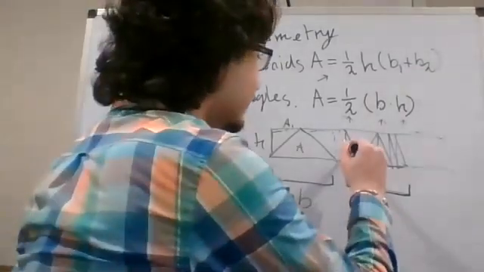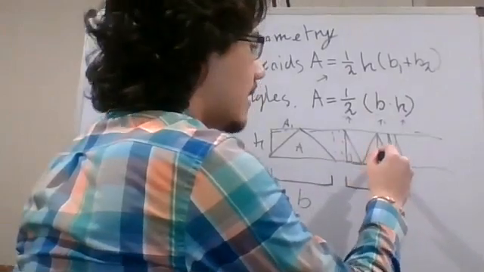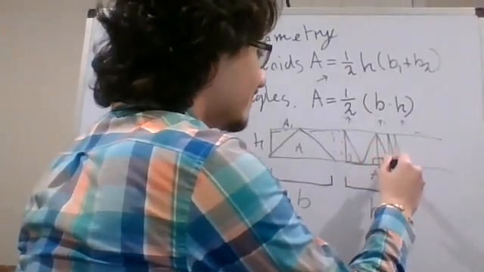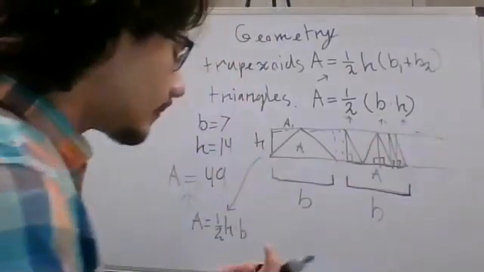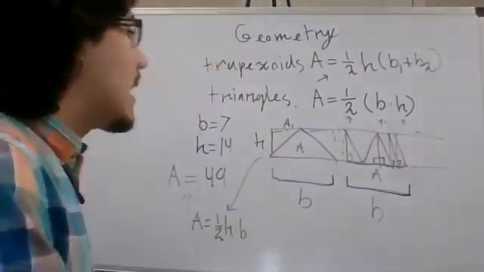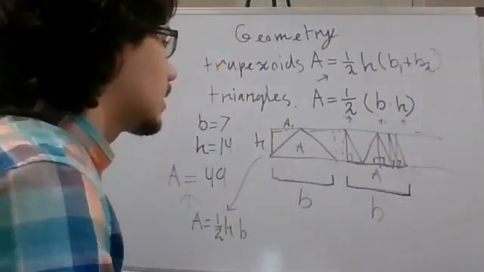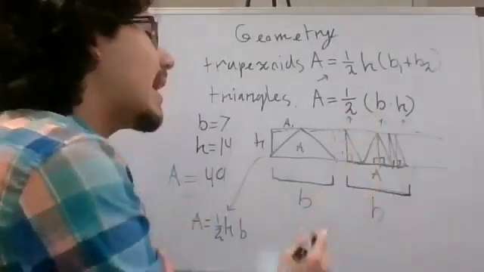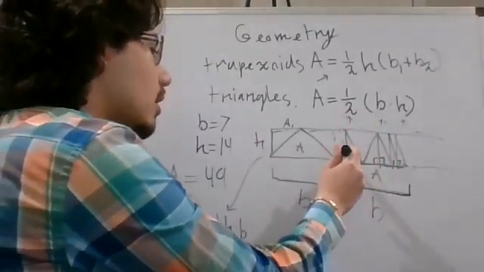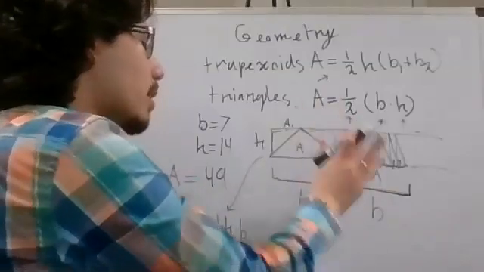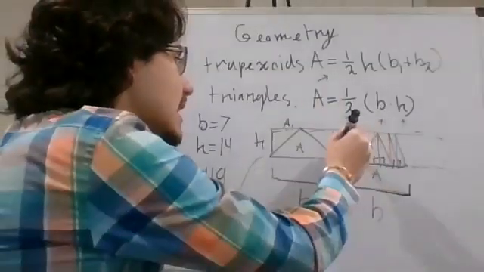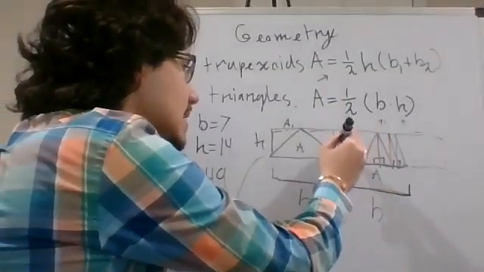This is true. So each of these triangles has a right angle. And as such, because they have a right angle, that means the horizontal and the vertical are perpendicular to each other. So that means each of these lines is the height.